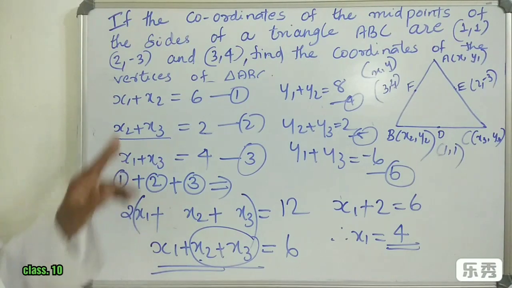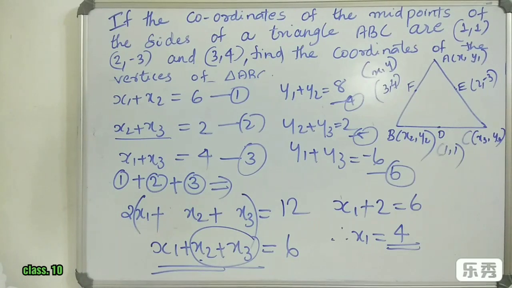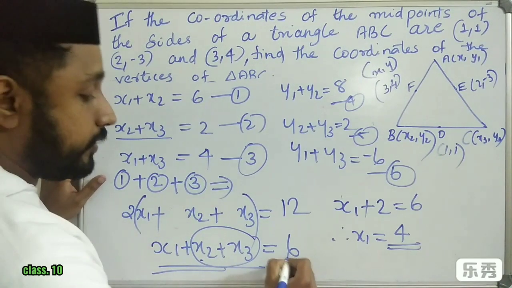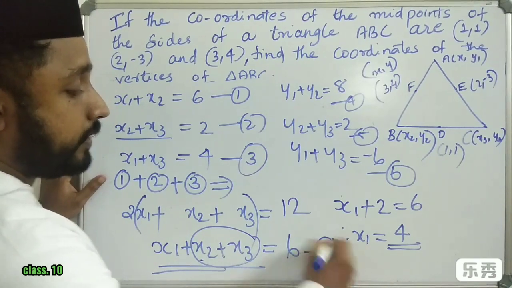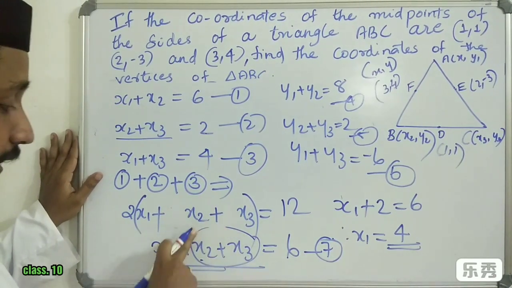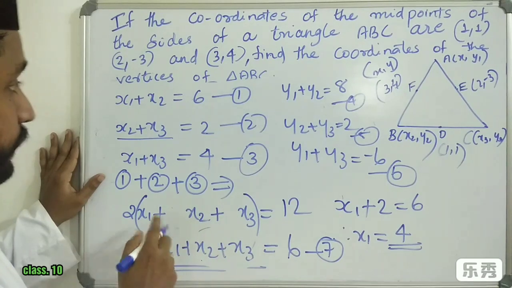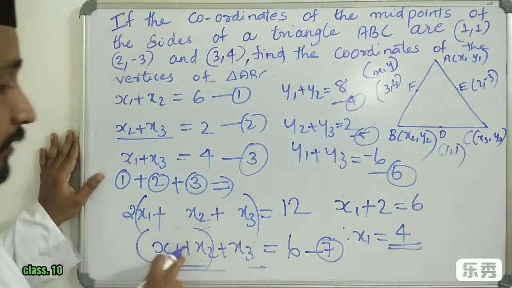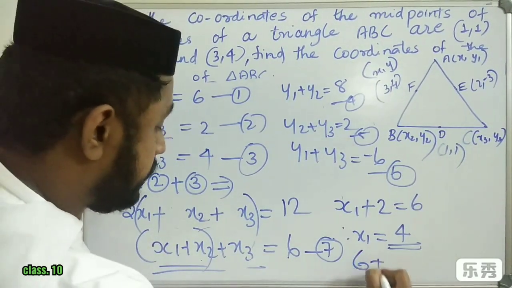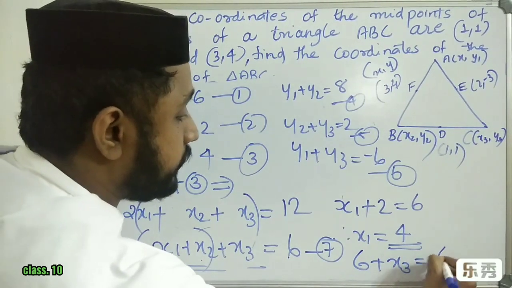And we know x1 plus x2 is equal to 6. We can give this as equation number 7. So in this equation, we can give the value for x1 plus x2, which is 6. So 6 plus x3 is equal to 6.